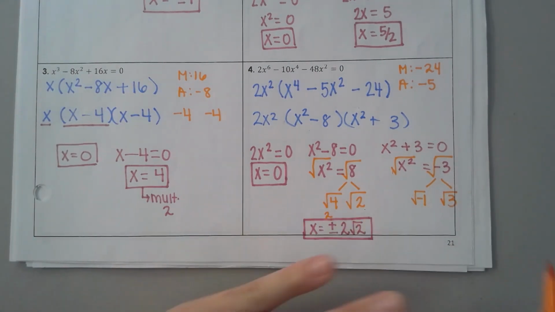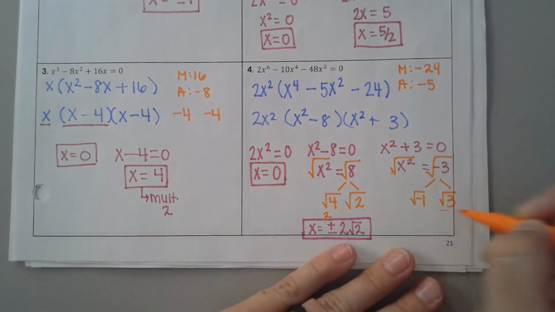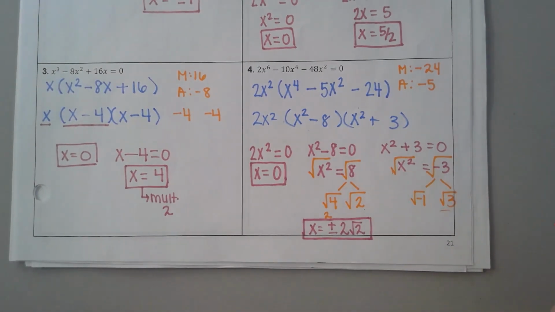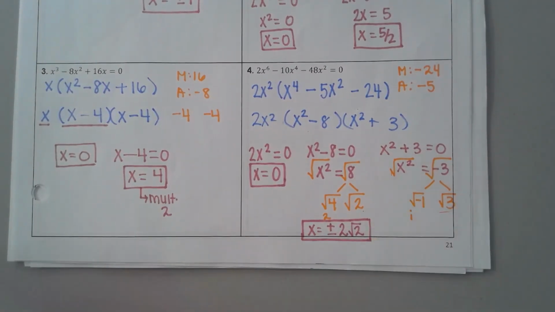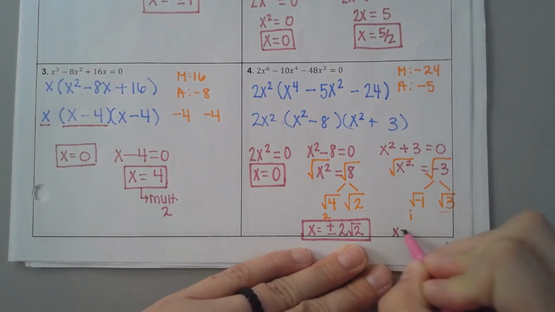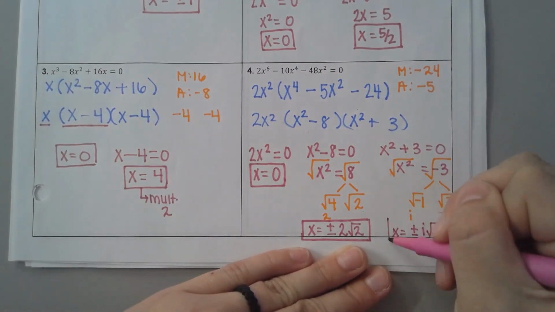And then we're left with positive 3. Can you divide 3 by any perfect squares other than 1? No, you can't. So if that happens, we just don't break it down. We just leave it as square root of 3. But what is the square root of negative 1? I. So my answer is plus or minus I square root of 3.